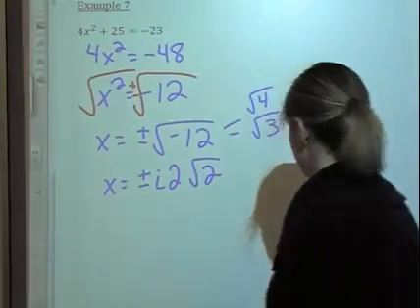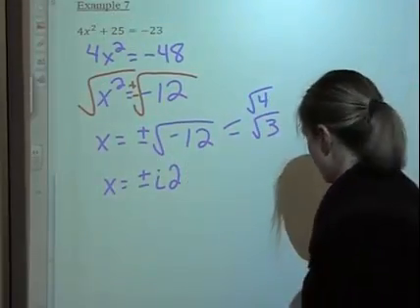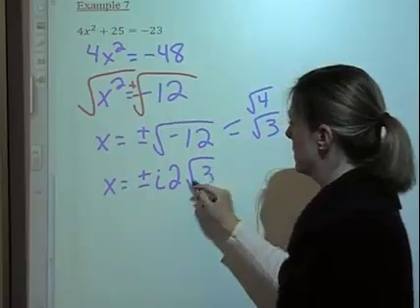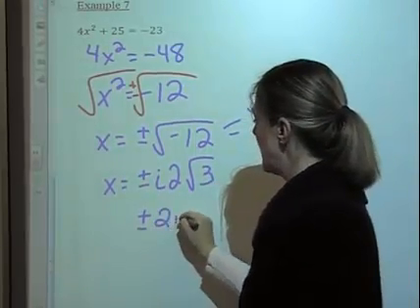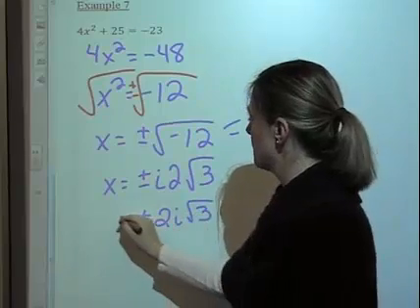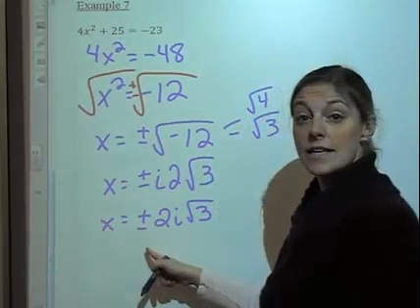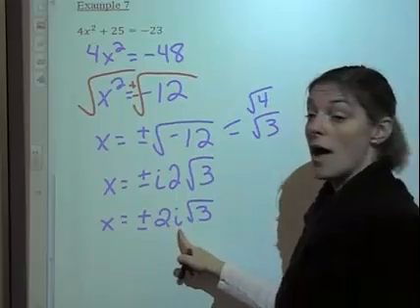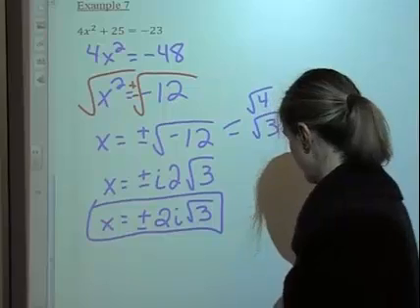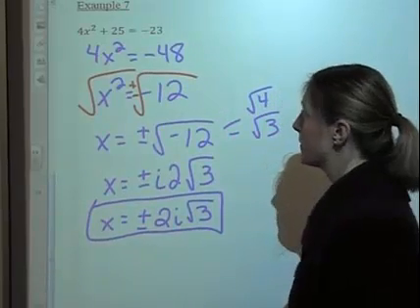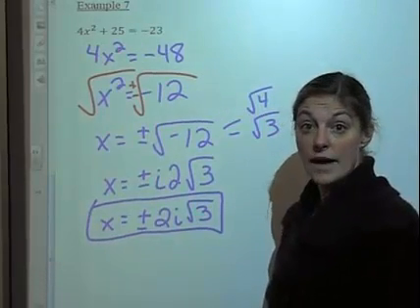I just wrote a 2, so let's change that to a 3. And then normally we write it this way: 2i square root of 3. So x equals plus or minus 2i square root of 3. And that's our introduction to the imaginary number.